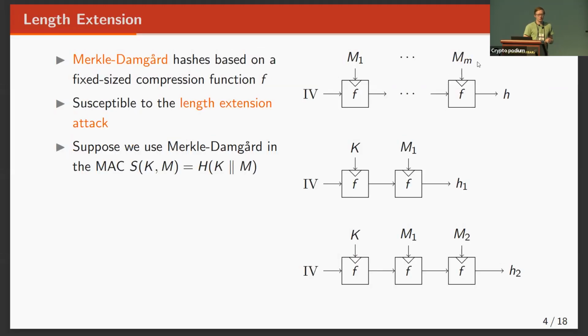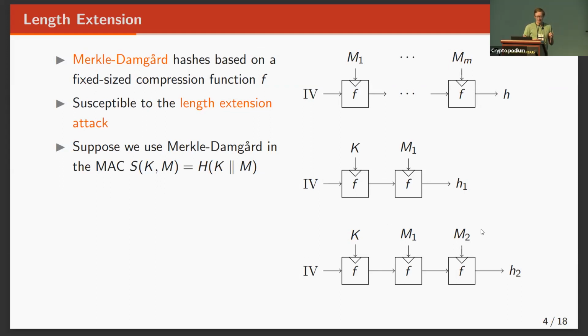So suppose that we use it as a MAC function as before, so that we prepend the key to the message. And when we look at the outputs of M1 and M1 concatenated with M2, we will get these two constructions. So for the first box, K and then M1, and for the second one the same, but with also M2 appended.